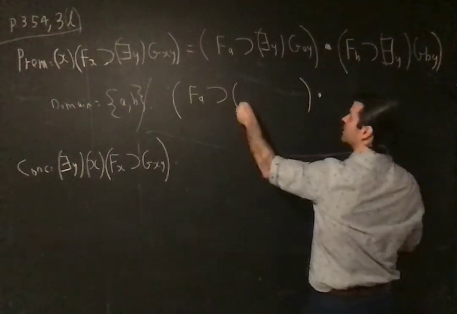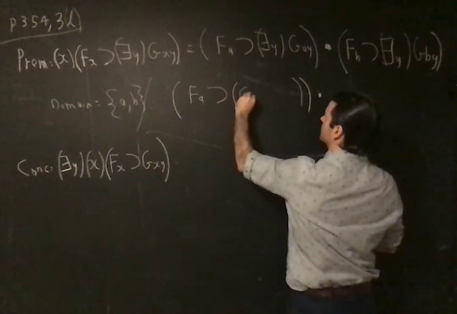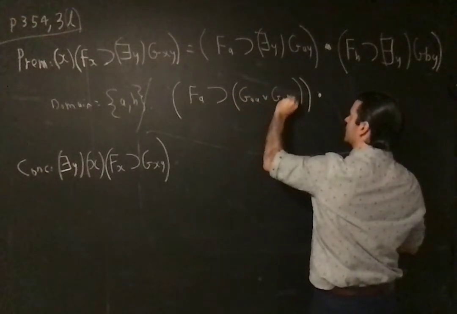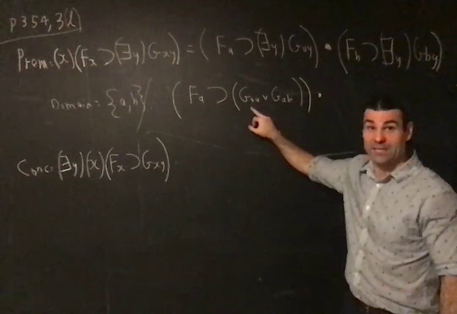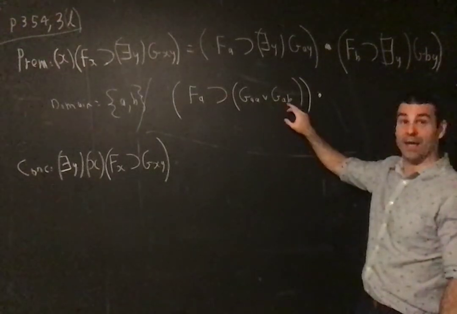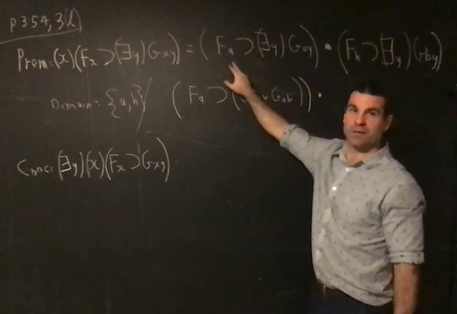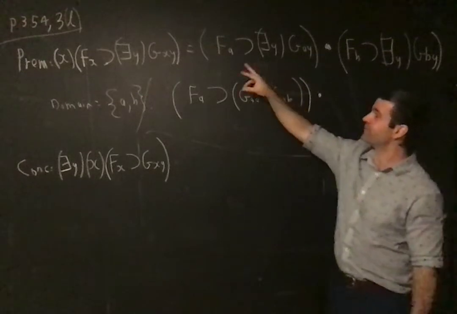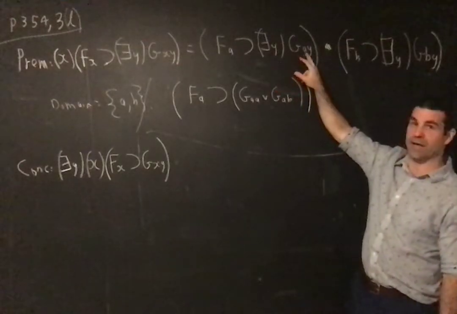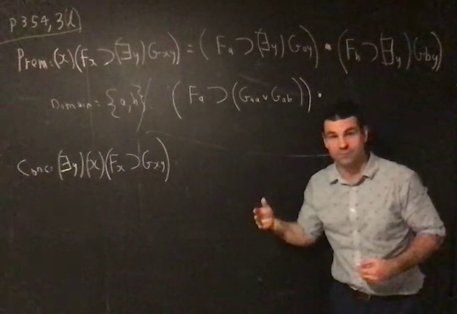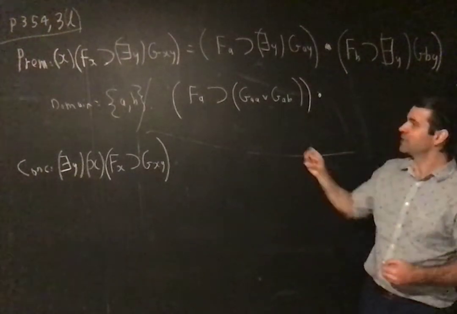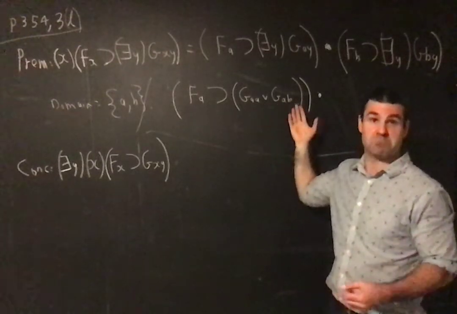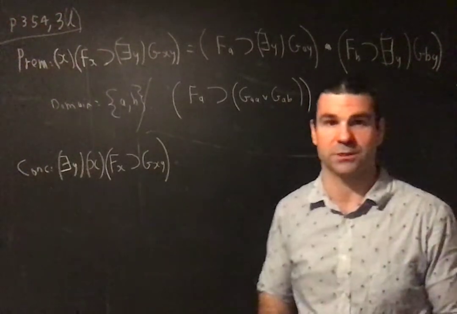It means either A G's A or A G's B, right? So what does this conjunct say? It says if A is F, then A G's something. Well, there's only two things in this domain of two individuals. So if A is F, then A G's itself or A G's B. Yes, processing for meaning, those are equivalent.